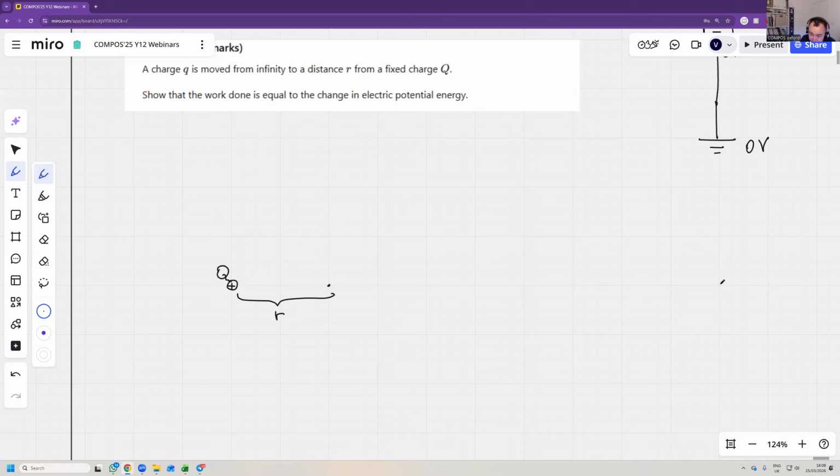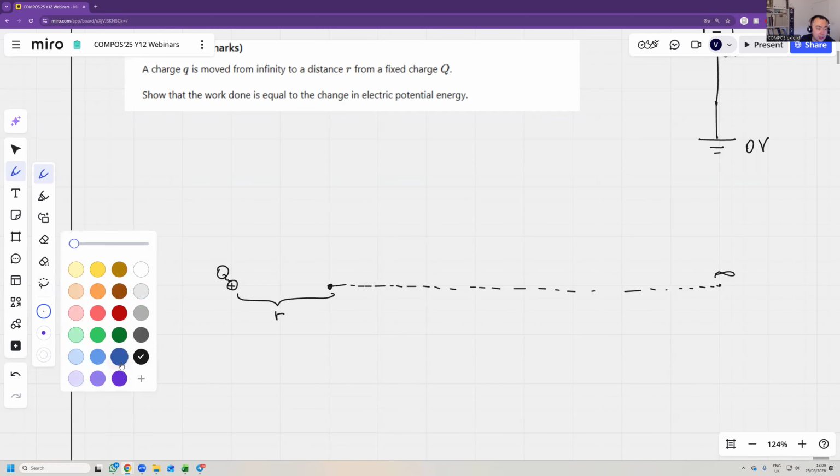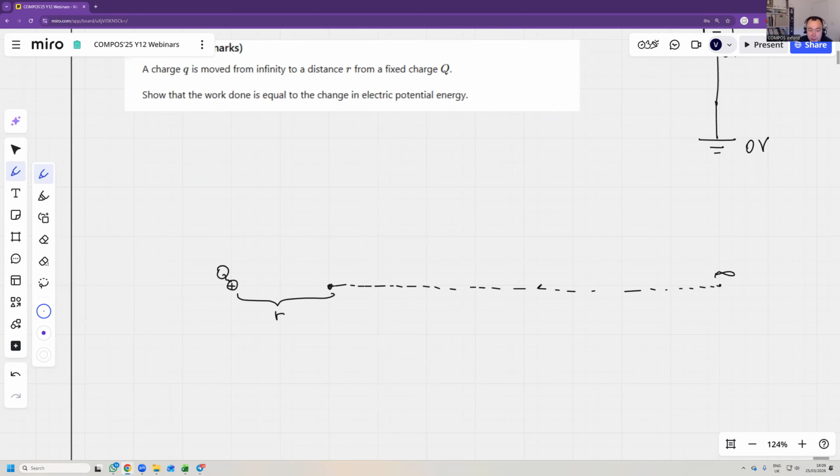Let's work out the work done to move from infinity along this line to this point. Now, let's say the small positive test charge is Q0.